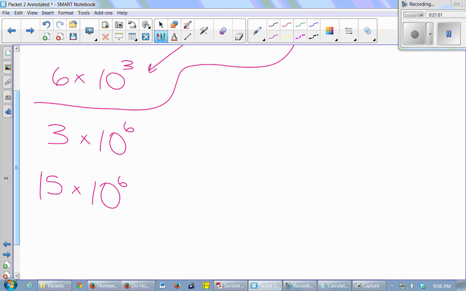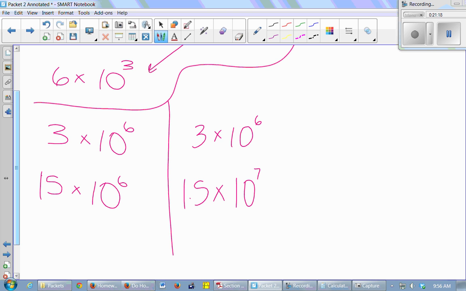Yeah, so the 10 to the 6 are the same, and the 15 is bigger than the 3. Okay, so if I write these same two numbers as 3 times 10 to the 6th, or 1.5, instead of 15, write it as a 1.5 times 10 to the 7th, can you tell now which number is bigger?